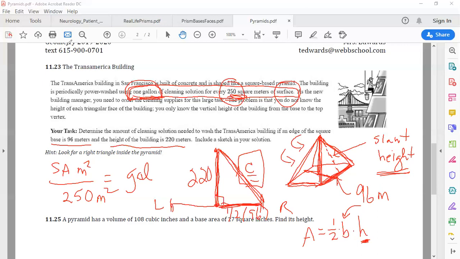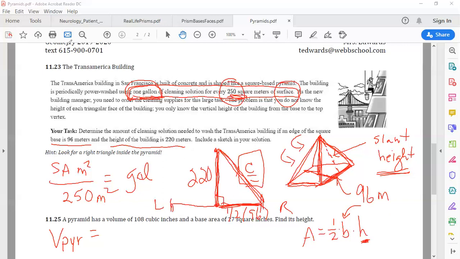Make sure you're drawing the pictures. That's what helps. Now on 1125, I haven't had a lot of questions on this one, but just remember that the volume of a pyramid is what?